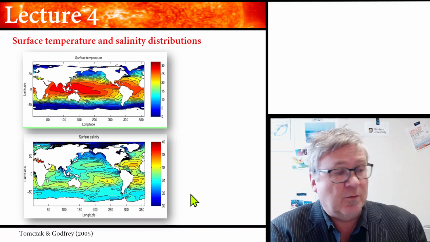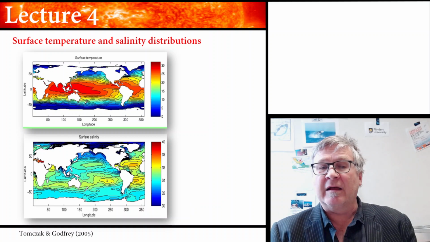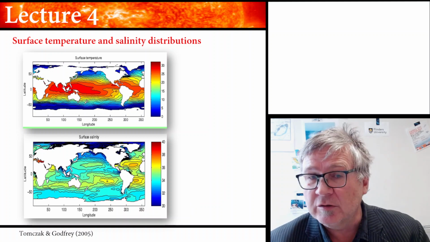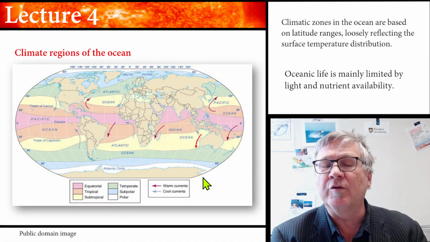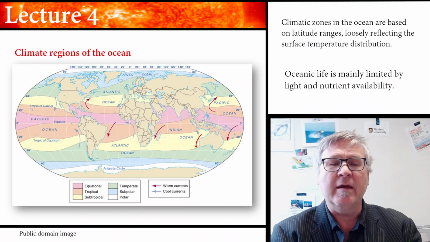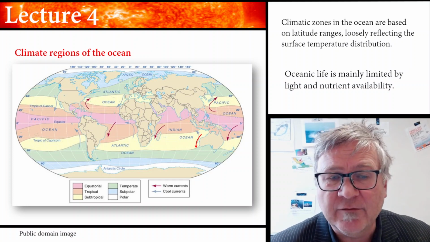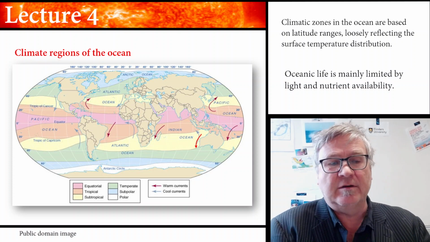Okay, all right. So on the basis of that, if you want to define climatic regions in the ocean based on temperature, you essentially come up with something which is shown in this map. You can see largely a function of geographical latitude, like in the first part of this lecture.